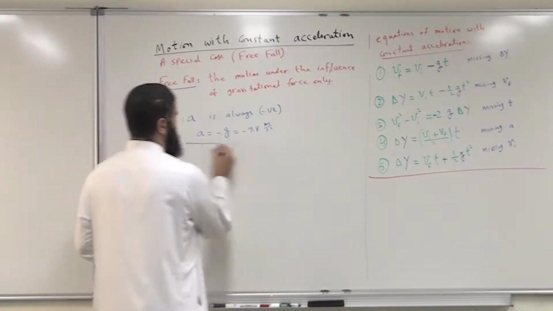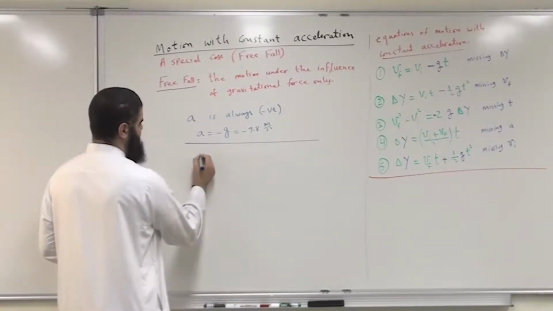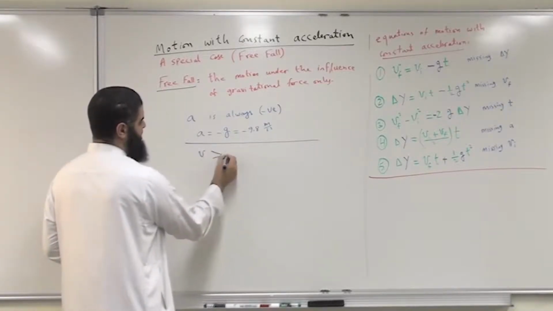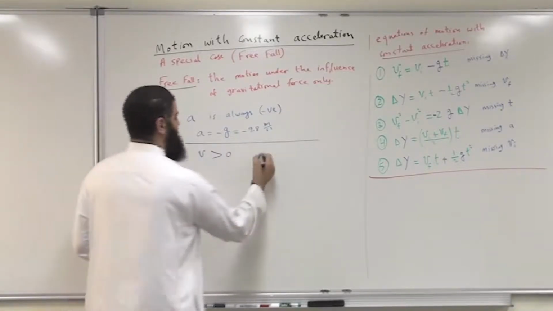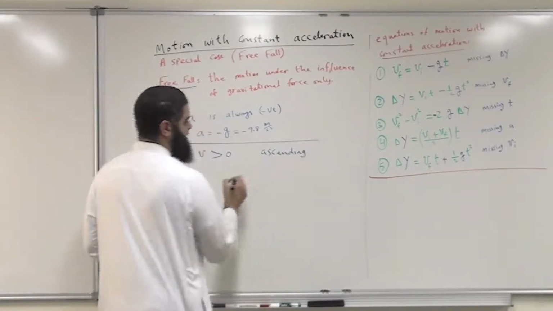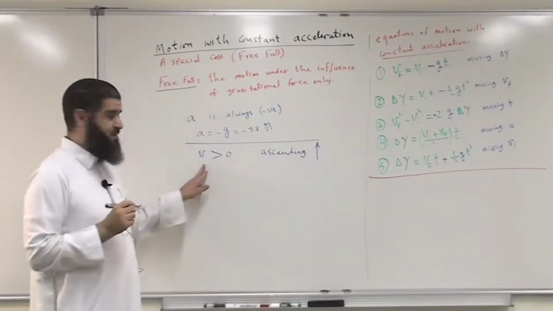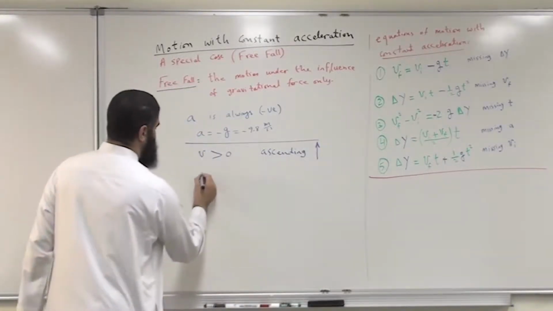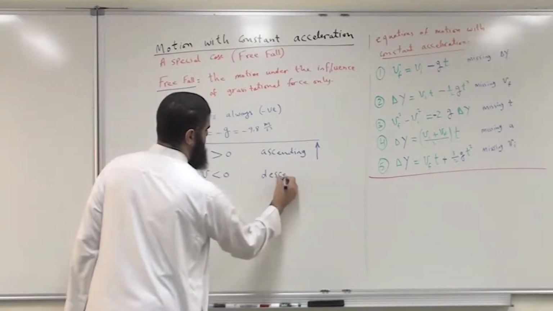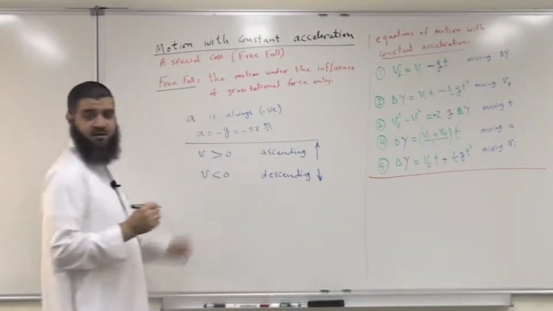Okay? What about velocity? Our convention is that if the object is moving upward, or the object is ascending, the velocity will be positive. What do you mean by the word ascending? Ascending means the object is moving upward. But if the object is descending, moving downward, the velocity will be negative.